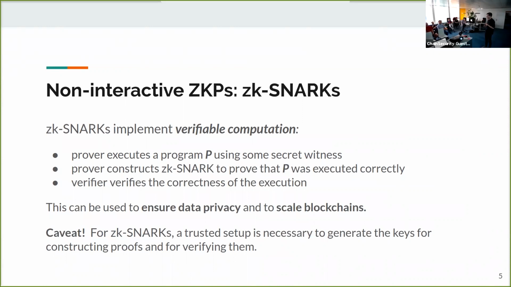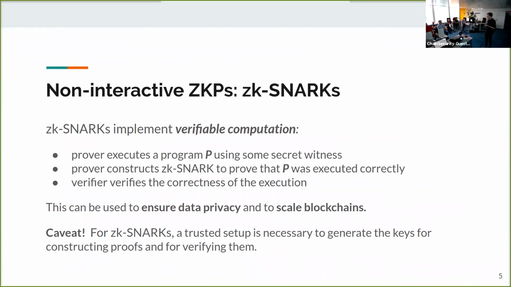And this is because of some asymmetric property that ZK-SNARKs offer. More specifically, when you want to prove something, if your program P is very complex or is a large program, it will take some time to execute this program.